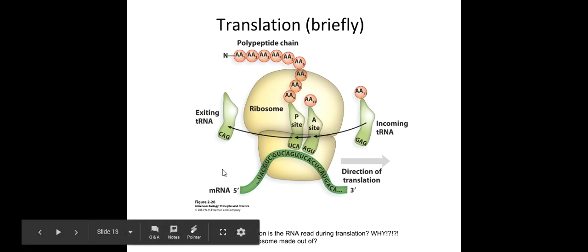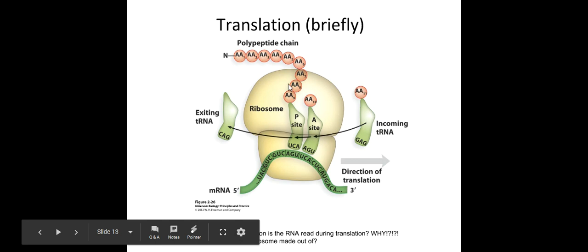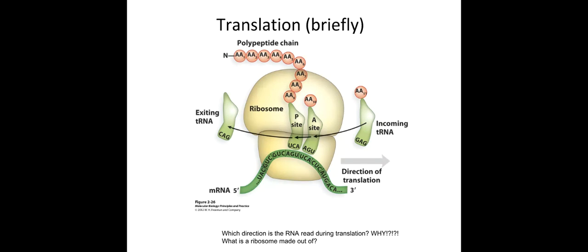So mRNA is grabbed by the 5' end and then read 5' to 3', which is kind of counter to the process of transcription, but just recognize that the 5' is where the process begins, and it reads it 5' to 3'.